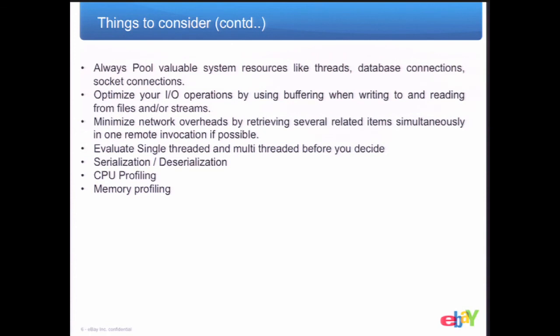Optimize your IO operations by using buffering when writing to and reading from the file systems or streams. It's a caching concept. Minimize the network overheads by retrieving several related IOs simultaneously in one remote invocation, if possible. This is more about how you implement the business logic. As I said, all these things you won't actually know.